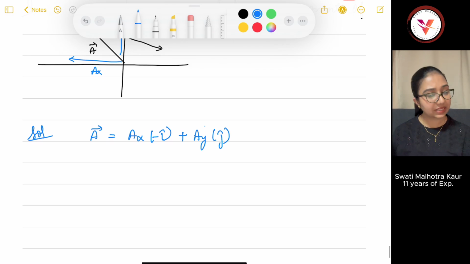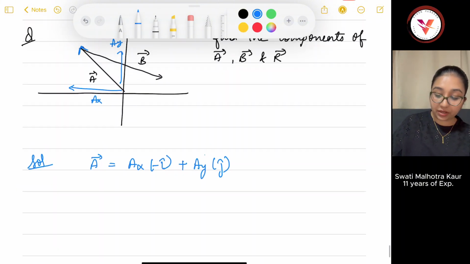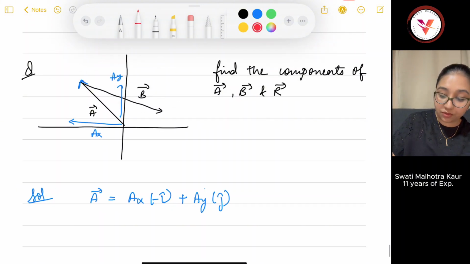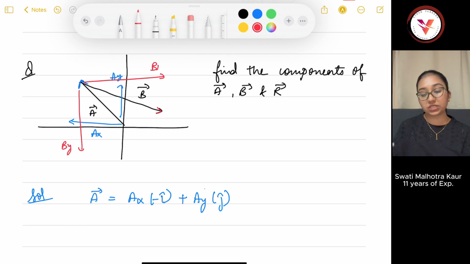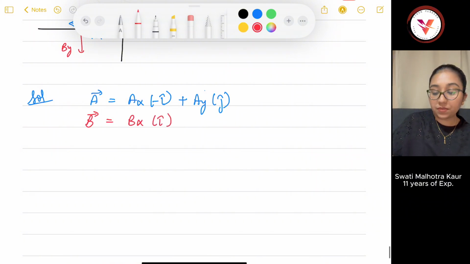That means its x component is negative and y component is positive. Now for B vector, B is here. If you resolve it, By will be here and Bx there. So Bx is positive and By is negative. So for B vector, it is Bx plus i cap plus By minus j cap.